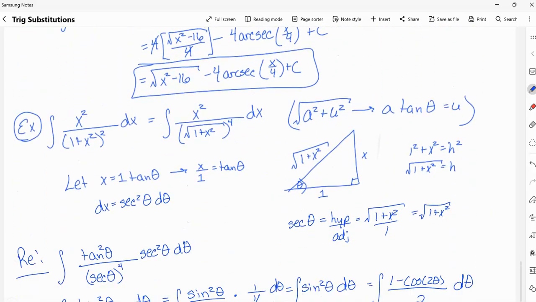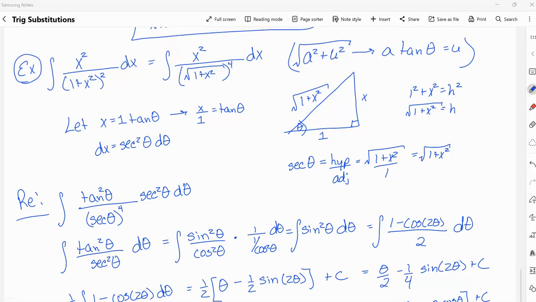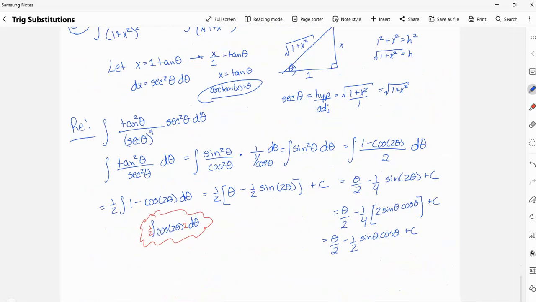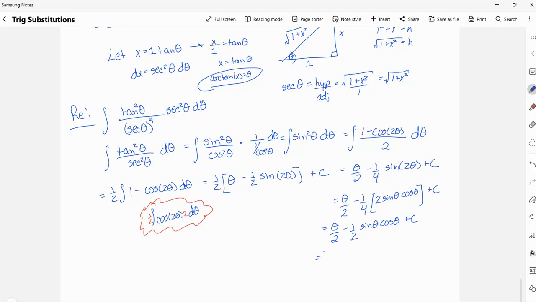So let's see. So we know x is equal to tangent of theta. So theta, if I take the inverse tangent of both sides, is going to be arctan of x. So I'm going to have 1/2 arctan of x.